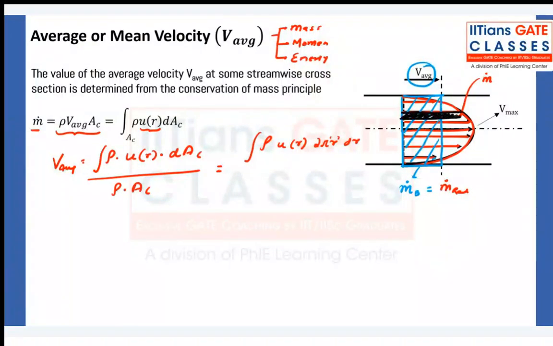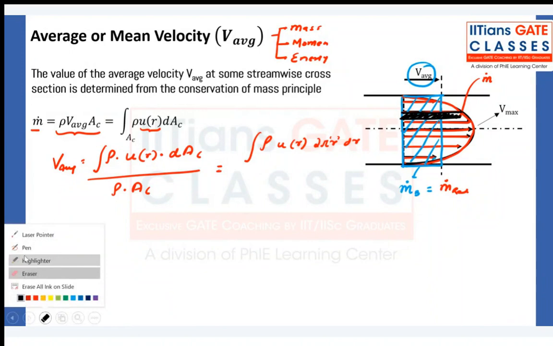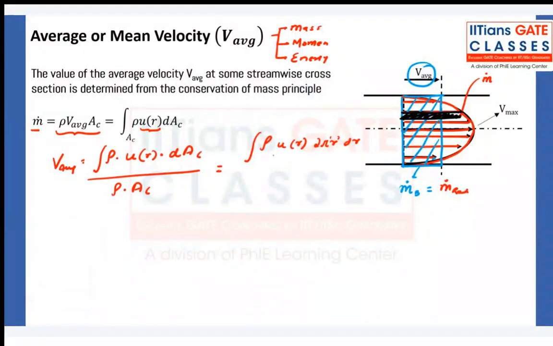Now, divided by the cross-sectional area, so it is rho times pi capital R square, because I am only talking about this mass.